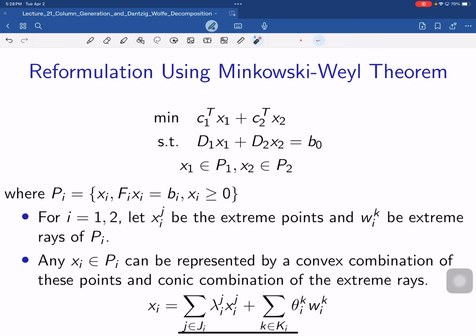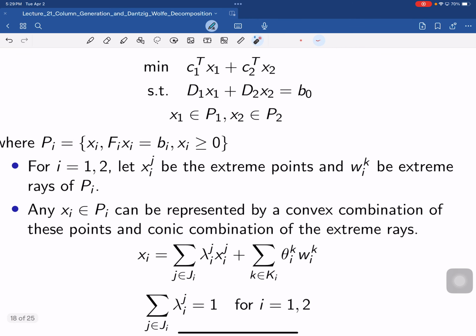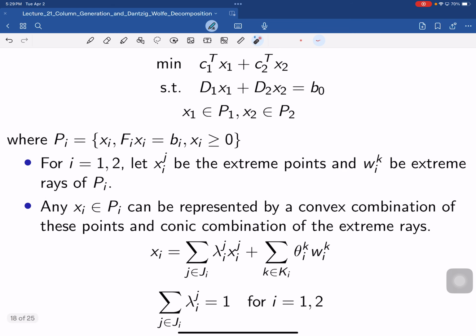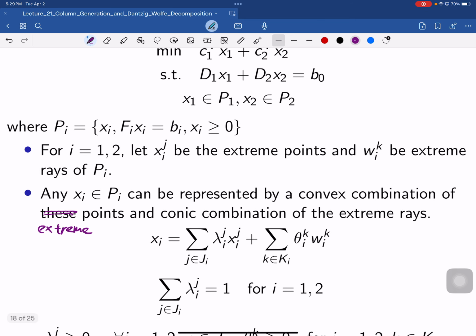Okay, so now we realize that each of these Pi sets are polyhedral sets. And according to Minkowski-Weyl, the x that are in these polyhedral sets can be represented as a convex combination of extreme points and a conic combination of extreme rays. Hopefully people still remember this theorem.